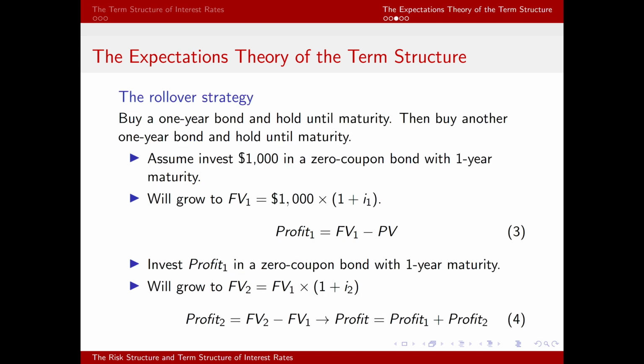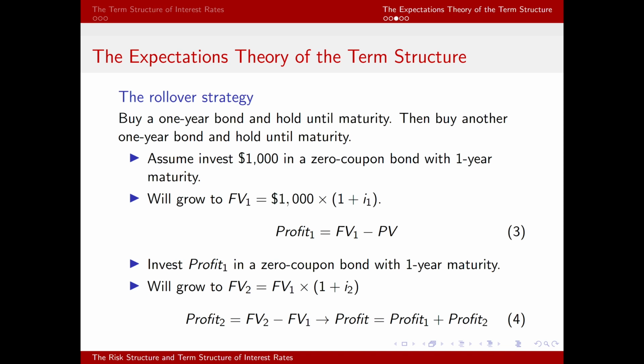Now let's look at the rollover strategy. The rollover strategy says that we're going to buy a 1-year bond and hold it to maturity. And then we're going to buy another 1-year bond and hold that until maturity. So we're going to invest $1,000 into a zero coupon bond with a 1-year maturity date so that the future value is equal to $1,000 times (1 + i1), the interest rate for the first year.